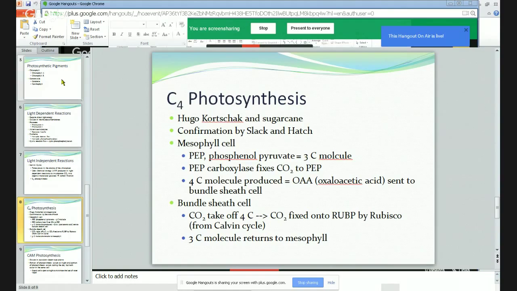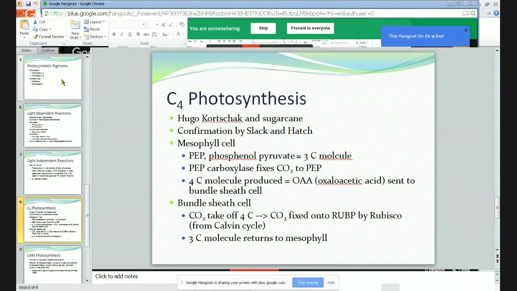That gets transformed into either malic acid or aspartic acid, and those will leave the mesophyll cell through the plasmodesmata and go into a bundle sheath cell, specifically into one of the chloroplasts of your neighboring bundle sheath cells.